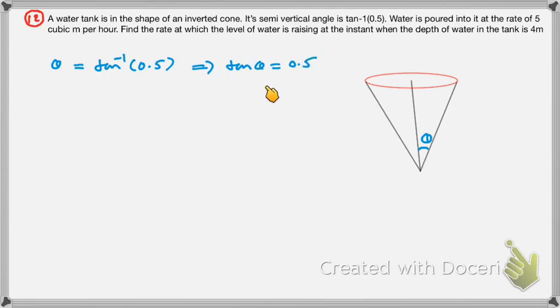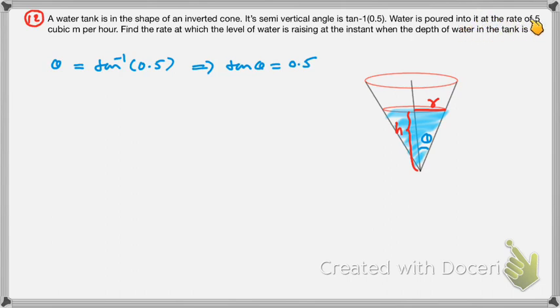So I write tan theta is equal to 0.5. That is a relation which I know. Now what they are saying is that you are pumping in water. So water is being poured into this at the rate of, it says, 5 cubic meter per hour.